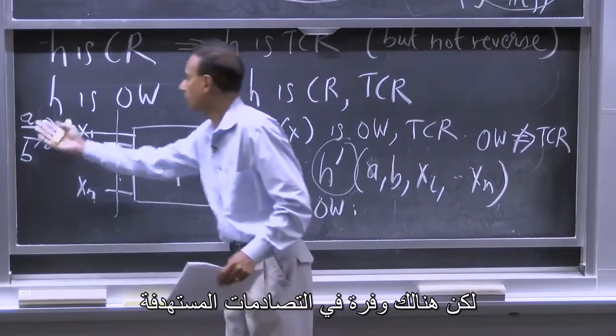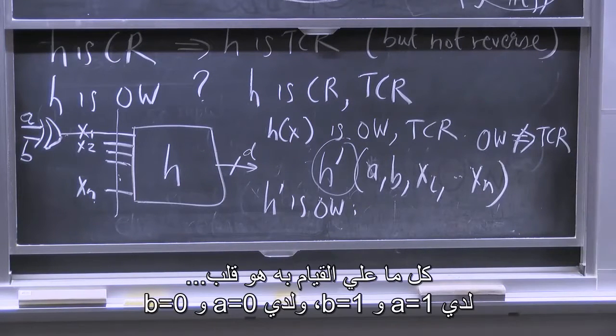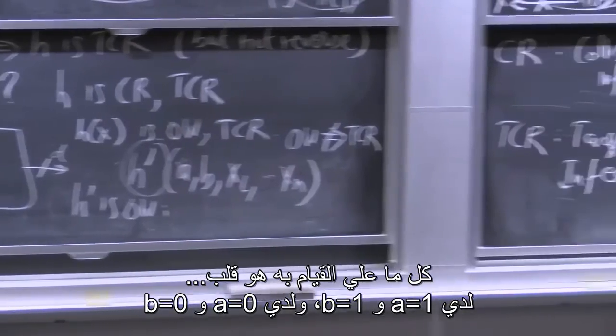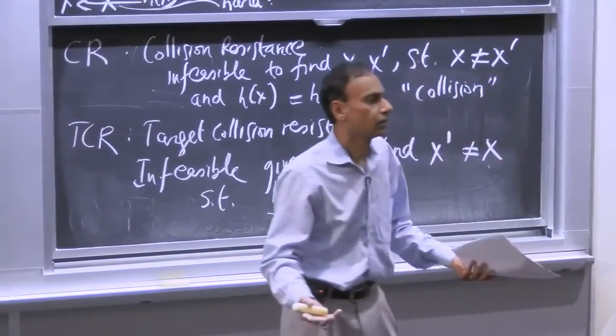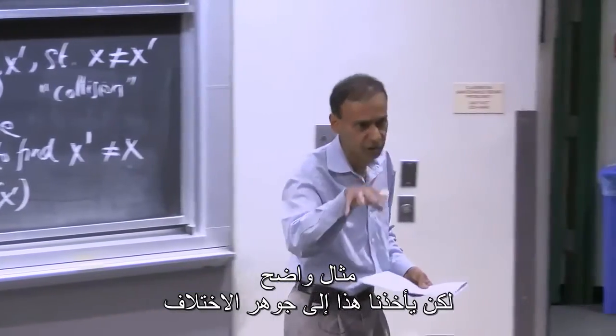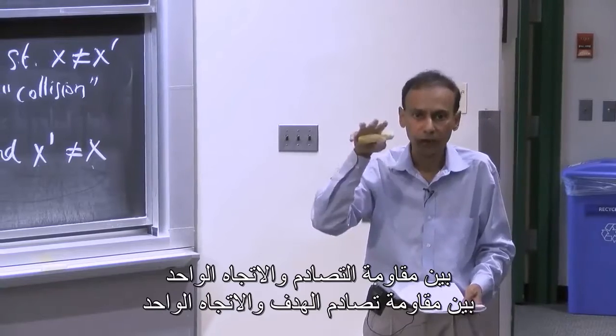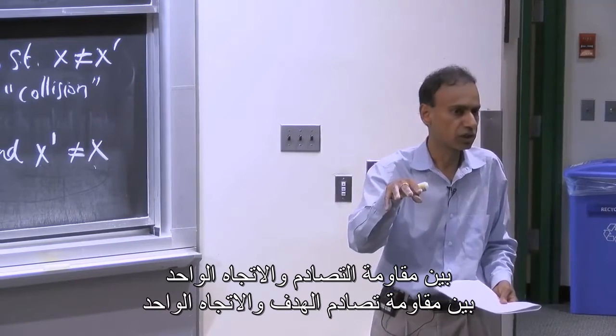But you know what? I got target collisions galore, right? All I have to do is flip. I have A equals 1 and B equals 1, and I have A equals 0 and B equals 0. They're going to give me the same hash, right? So trivial example, but that gets to the essence of the difference between target collision resistance and one-wayness.